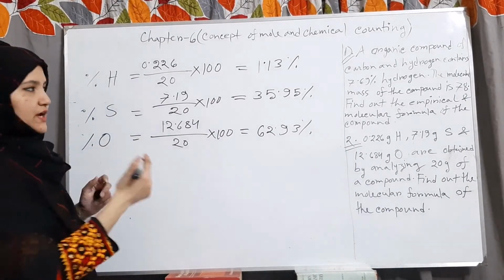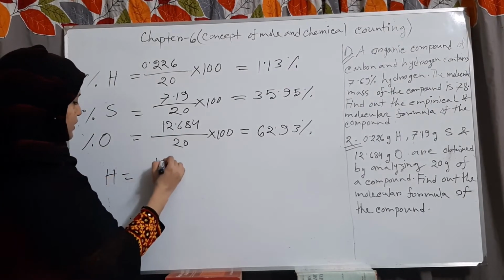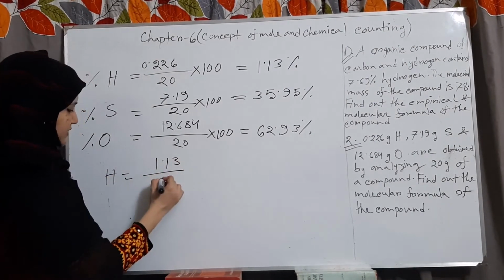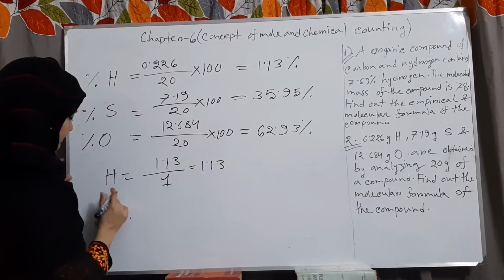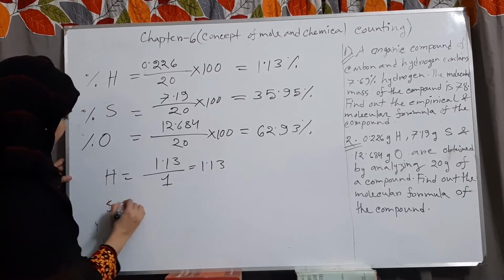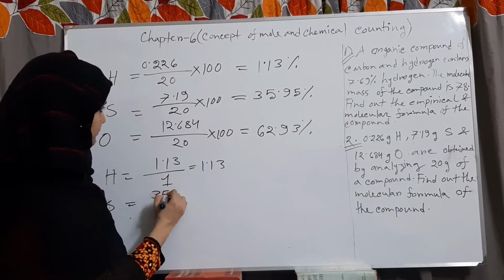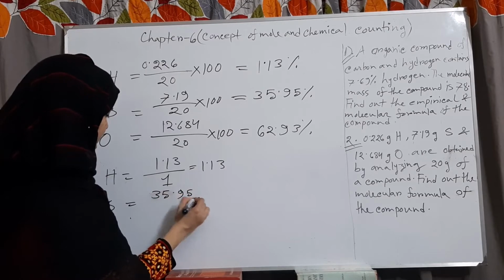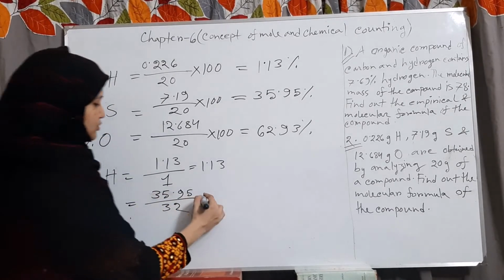For hydrogen, 1.13 divided by the atomic mass of hydrogen, 1. Then sulfur, 35.95 divided by 32. The atomic mass of sulfur is 32.